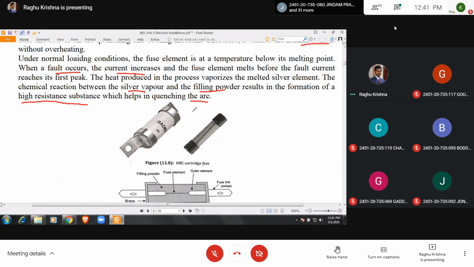There is an arc formation, just like in an MCB, you have seen the arc formation between the contacts. Here also there will be a formation of arc. That arc can be eliminated by the formation of a high resistance substance.